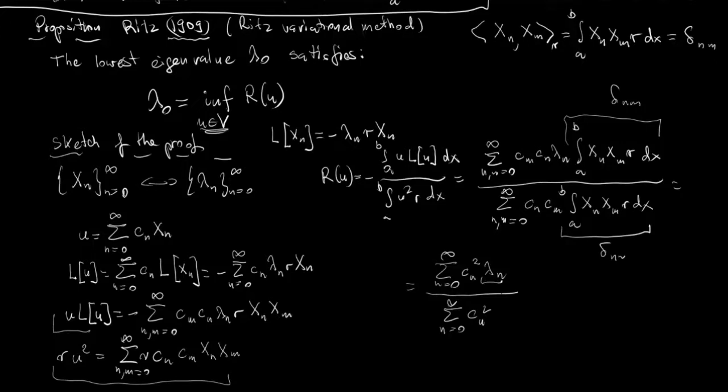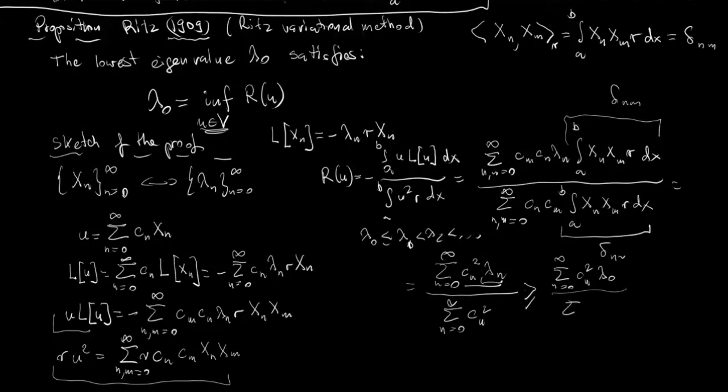But now we know that the lambdas go from lambda_0, and even in the periodic case they are never smaller than lambda_0. So here is lambda_1, lambda_2, and so on. Because of what stays in the denominator, this is always greater than or equal to the same sum with lambda_n replaced by lambda_0 everywhere, and we'll be sure that this is not smaller than that.